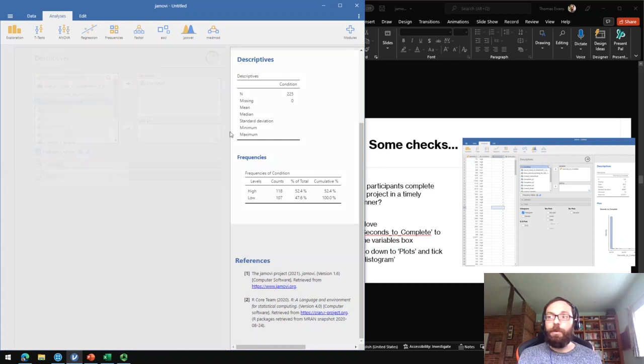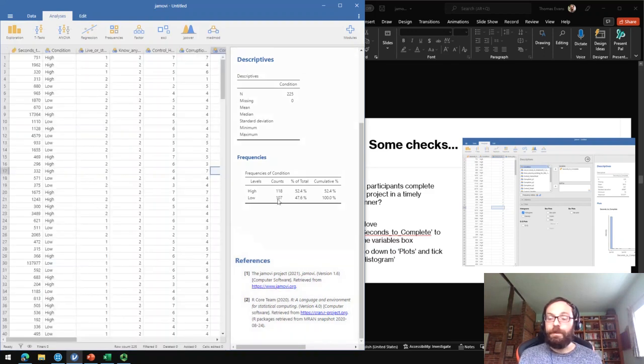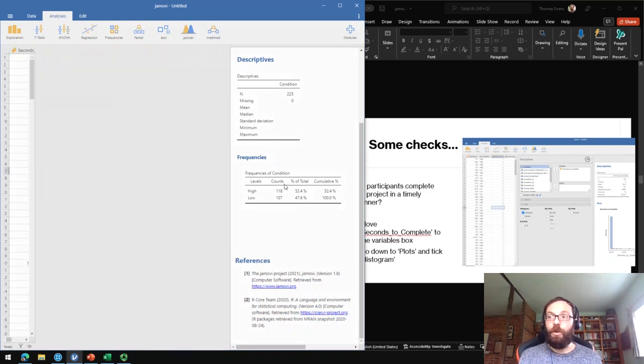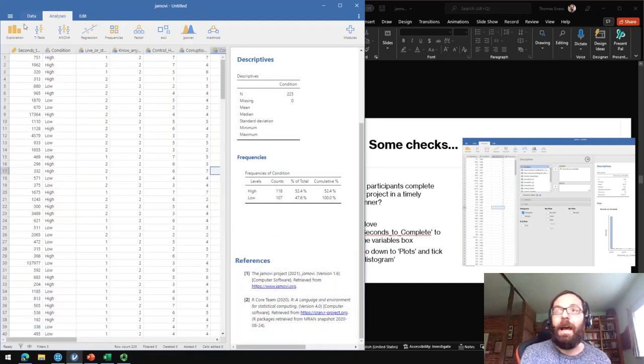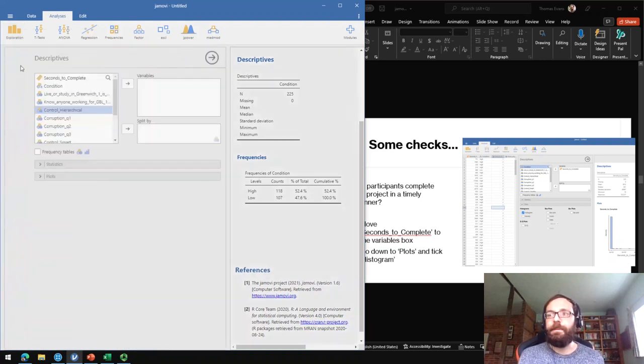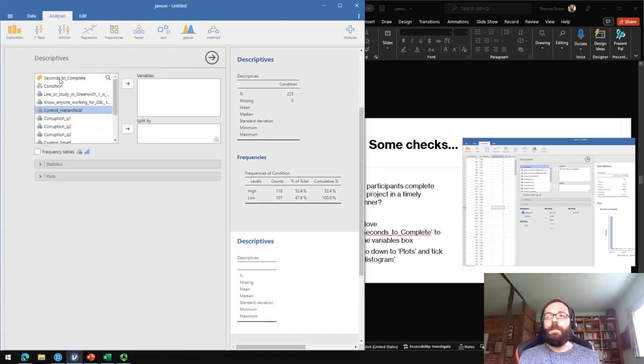Or if you want to keep our frequency data, all you have to do is make sure that you're not clicking on it. So you just push the arrow to push it back into its place, and then start again on the top left-hand side, exploration. And what we're going to do again is ask for descriptive statistics, and we're going to move the seconds to complete variable to our variable box.